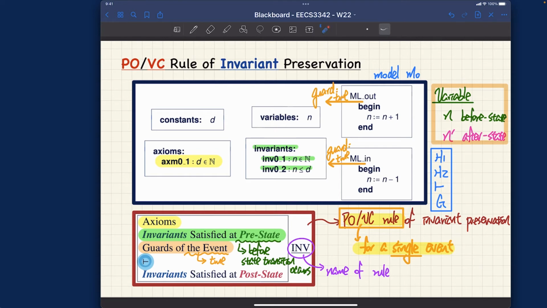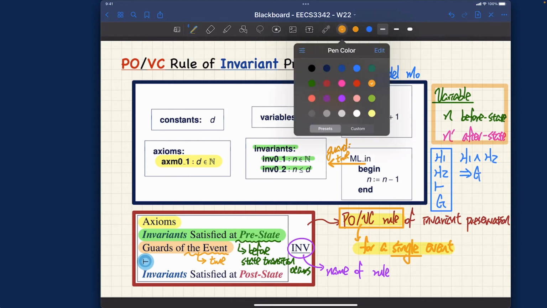If you got 2 separate hypotheses, remember we said it can be a set. H1 is hypothesis number 1, H2 is hypothesis number 2. It will be as if we conjoin them together, meaning that you can assume this and also you can assume that. So what we have over here is H1 and H2 implies G. This is the formal meaning of this particular sequent.